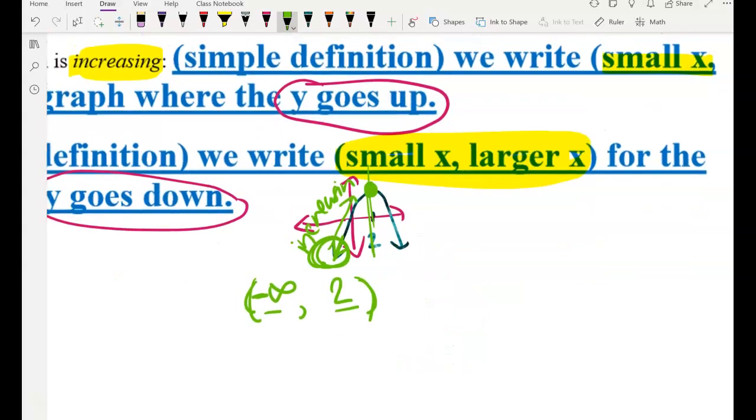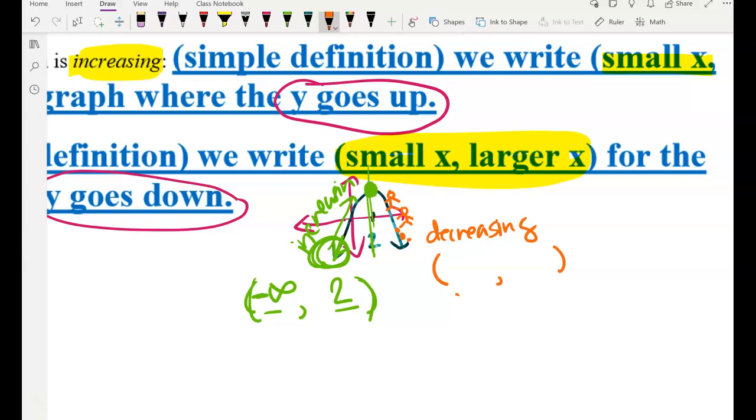Now decreasing is when y goes down. Can you guys see that? Every time, think about it, we take a step to the right, y is getting less and less and less. So the right side is decreasing because y is getting lower and lower. But when we write the answer, it's called an interval.